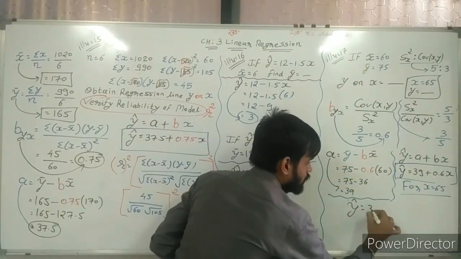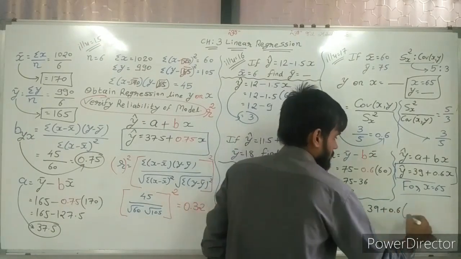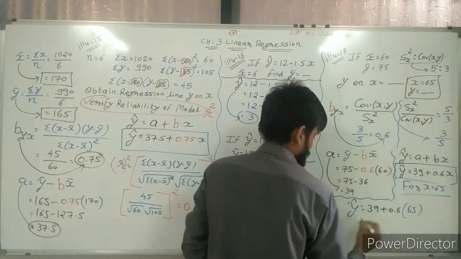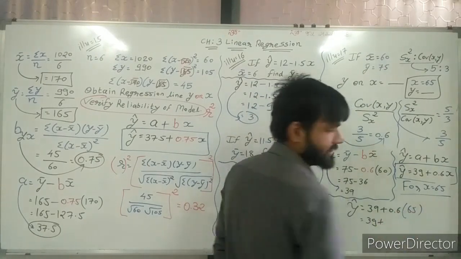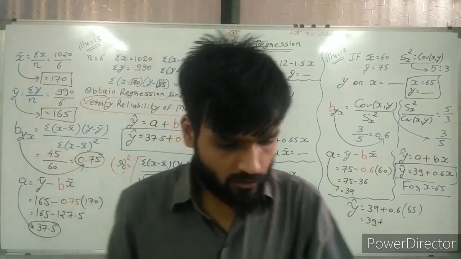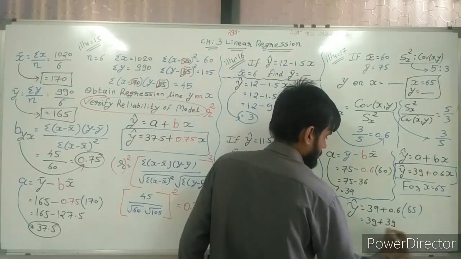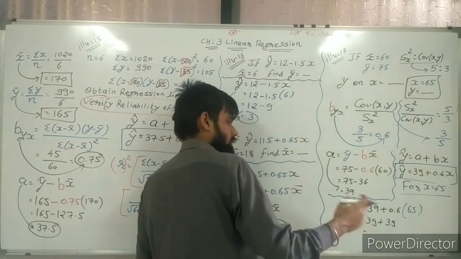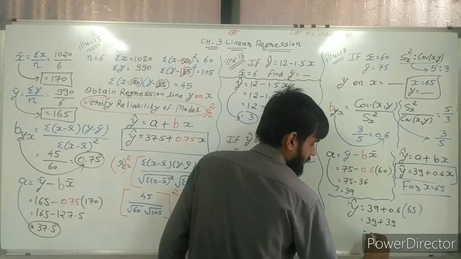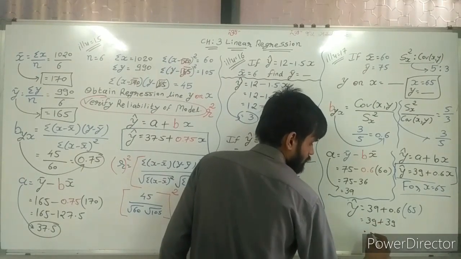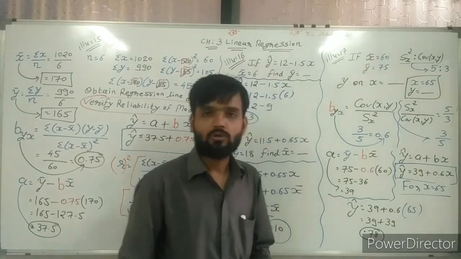Y cap is equal to 39 plus 0.6 into 65. 0.6 into 65, you will get 39. And 39 plus 39, 40, 80, deduct 2, so 78. Y cap is equal to 78.